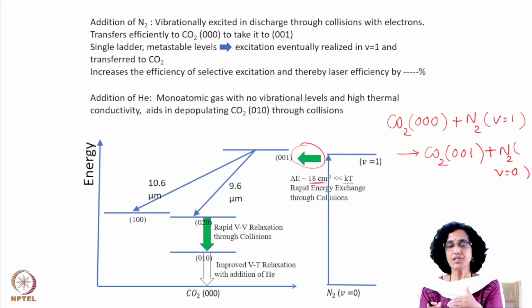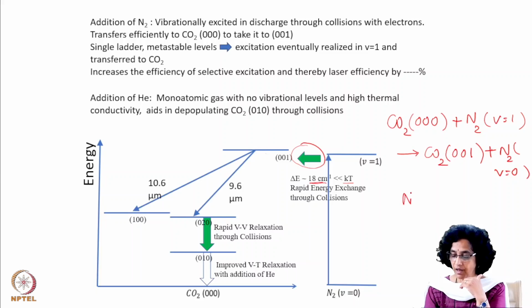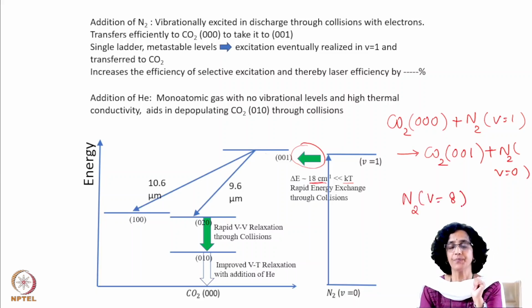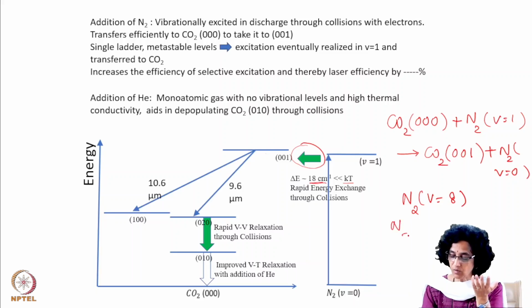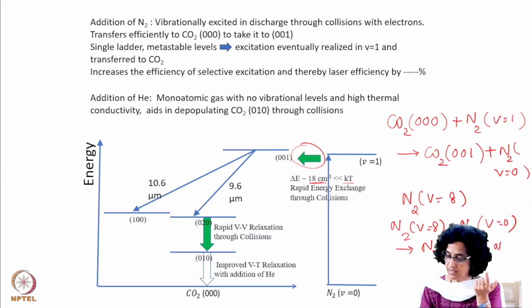And in a discharge, nitrogen up to almost V equal to 8 gets populated, and nitrogen V equal to 8 can collide with nitrogen V equal to 0 and come down to nitrogen V equal to 7 plus nitrogen V equal to 1.